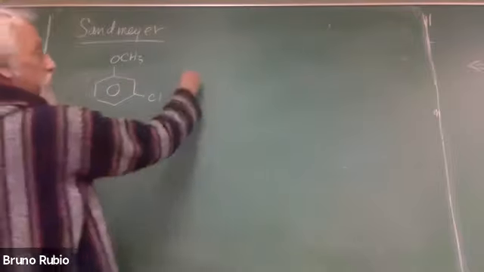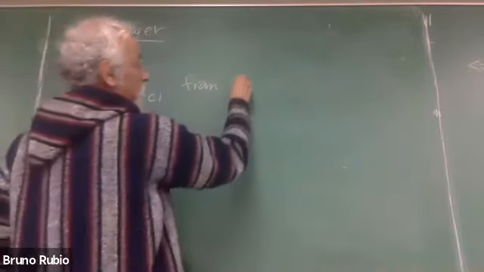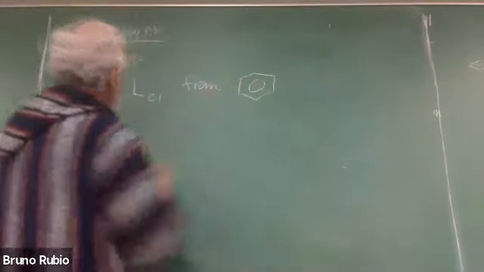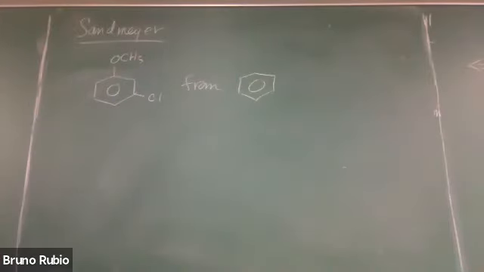Okay, so how would I synthesize this compound from benzene? Well, once again, what I'm noticing is the natural regiochemistry: I have two ortho-para directors, but they have to be meta to each other. That is your big clue that the Sandmeyer reaction is going to be in play.